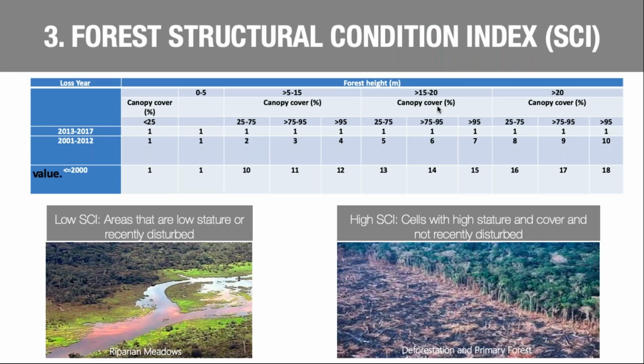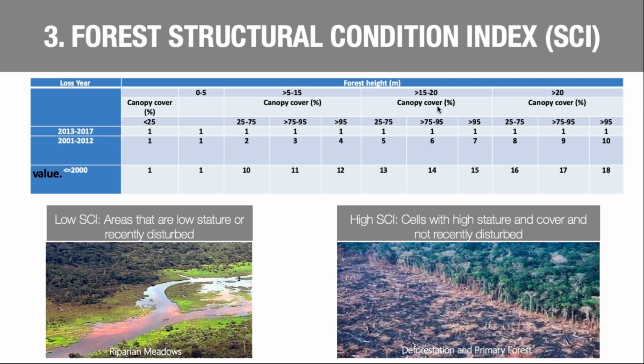So the third layer shows forest structural condition, and we'll avoid the detail on the graphics here, but point out that high forest structural condition index values basically help us to understand which places have tall canopies and full canopy cover and are older, having not recently been disturbed, so more typical of primary forest.